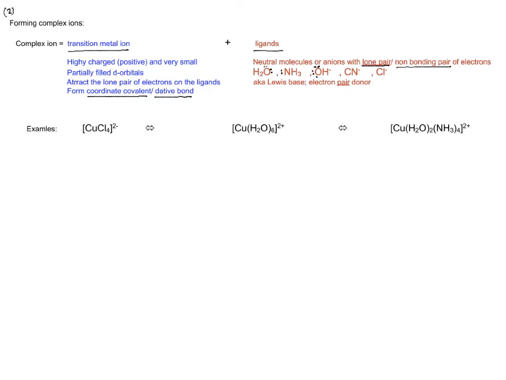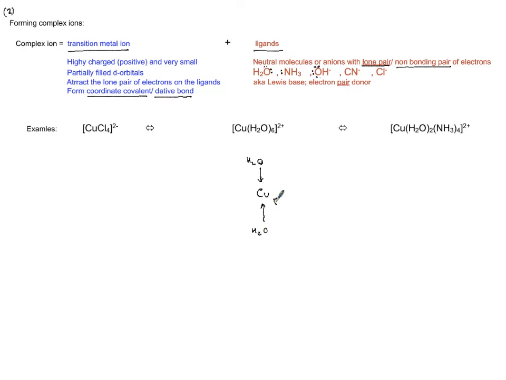Now, as an example of complex ions, I have picked copper. If you take copper sulfate and you put it in water, it's going to be surrounded by 6 ligands. So I'm going to put arrows like this to say you have H2O. Now the arrow is known as your coordinate covalent or dative bond, and it's pointing to the positive metal ion.